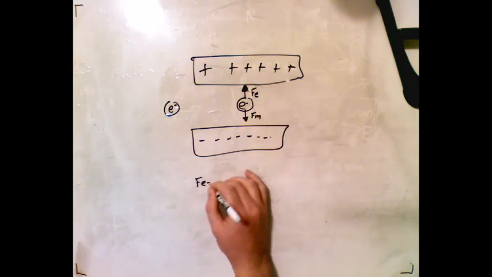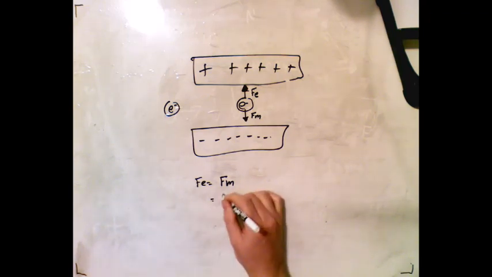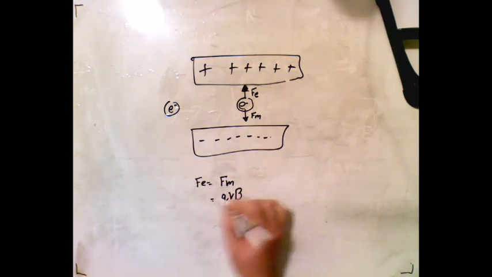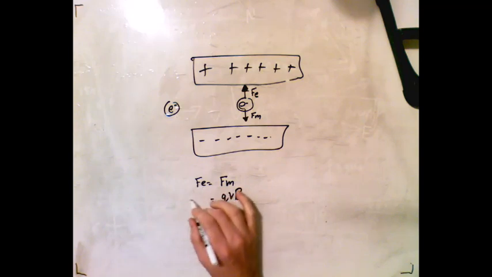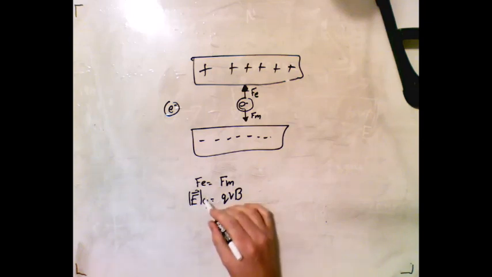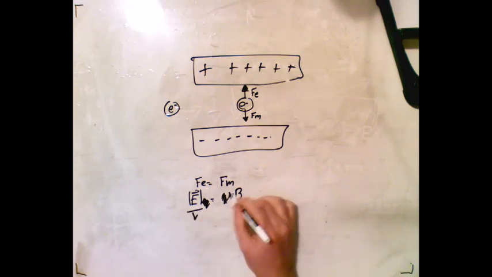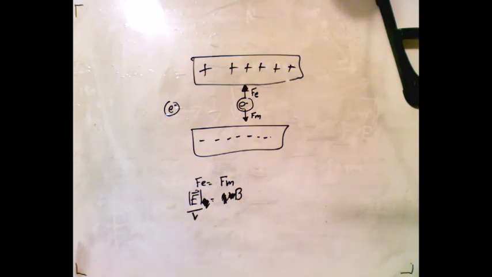So what we can say is Fe is equal to Fm, and we can break this down into qvB, and then we probably forget this because it's been a while, but this breaks down into Eq, right? And our charge cancels out there. So we want to find the magnitude of our magnetic field, so I just move my velocity down there, and I can plug in my numbers.